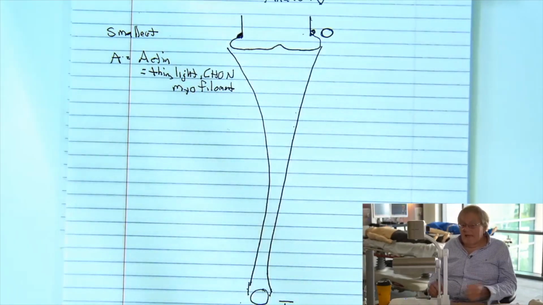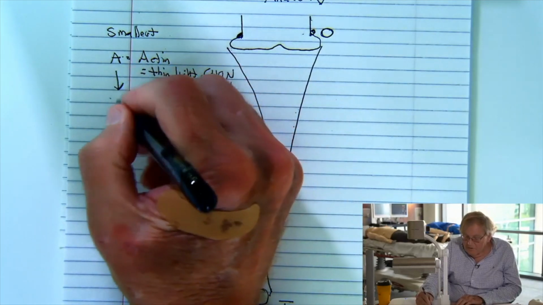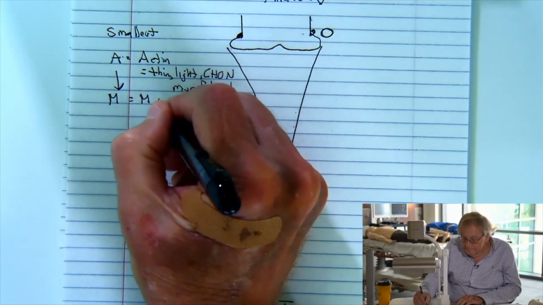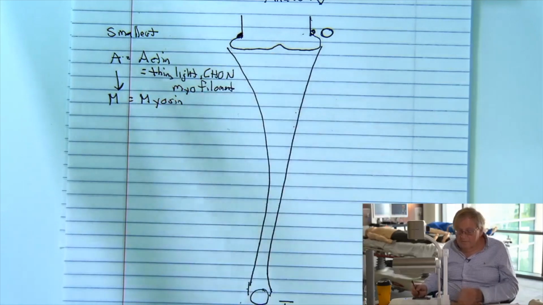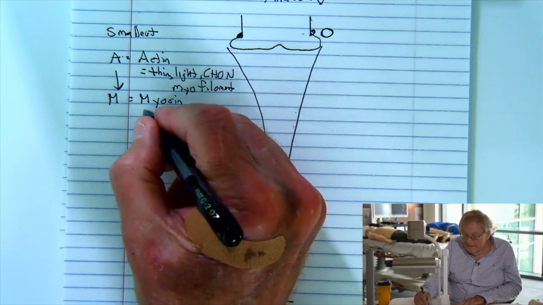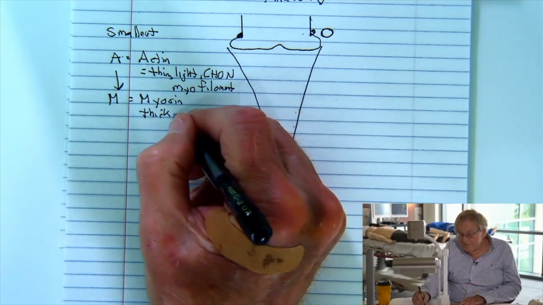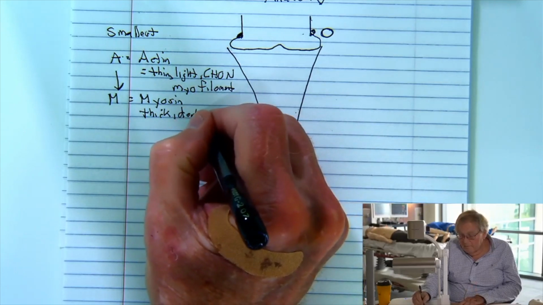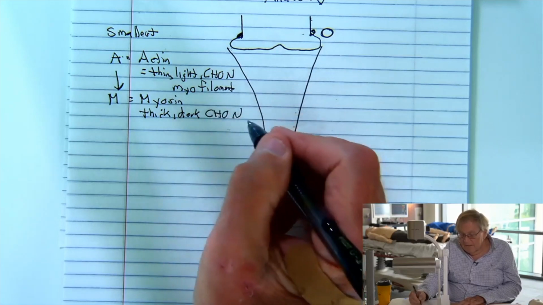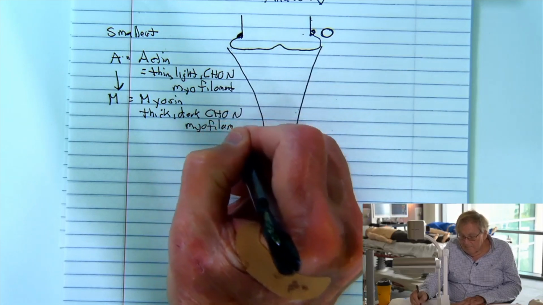Actin is going to combine with the next bigger structure called M, which is myosin. It's very similar, except myosin, instead of being thin, is going to be thick. Instead of being light, it's going to be dark. And it's going to be a protein, same thing, made of CHON, a myofilament.